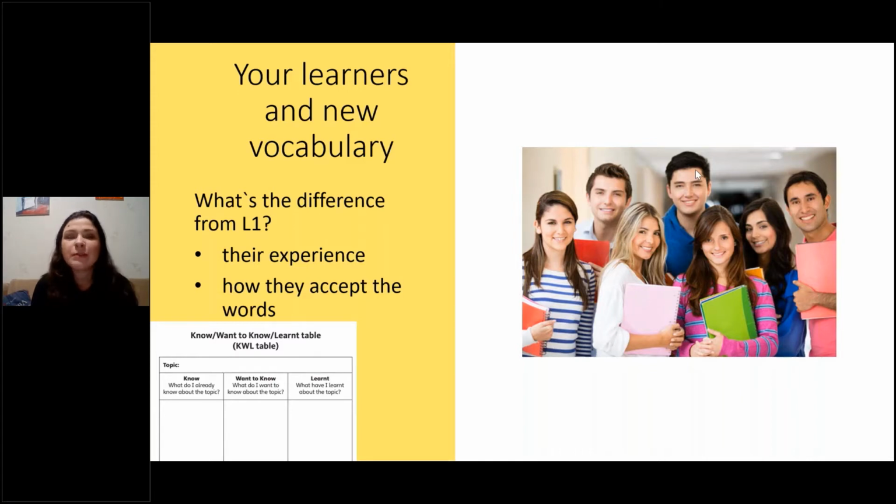If we talk about experience compared to L1, our learners now have some experience. They know about the world, they have some knowledge, they have their own points of view. They are not those 1-year-old babies, toddlers, who just take the words like a sponge, right?